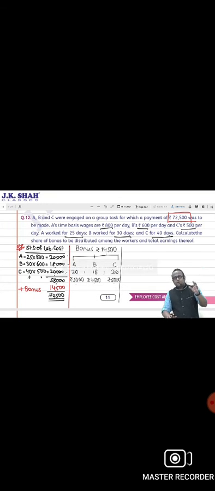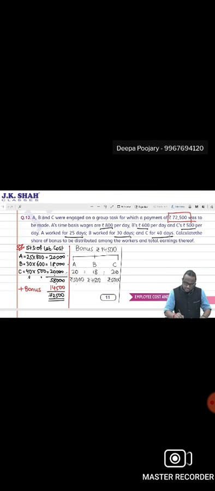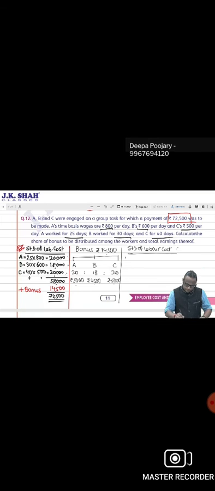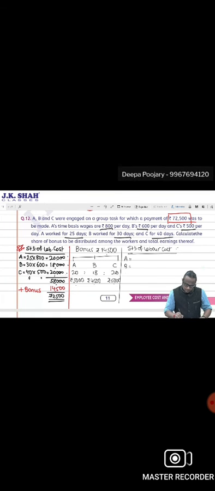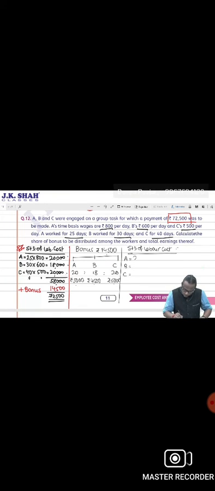So you cannot simply rely on time. You cannot simply rely on rate because that will be unfair. So you better go for wages, total wages as a base. And after that, if you really want to know the wages amount paid to each and every worker: A and C will get 20,000 as their basic, 5,000 as bonus.